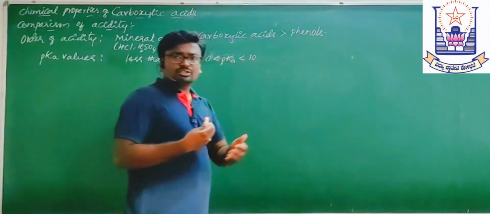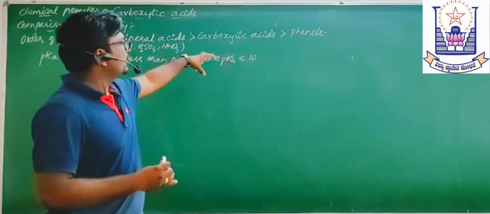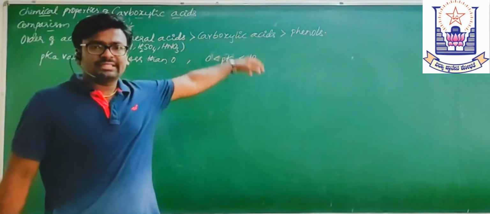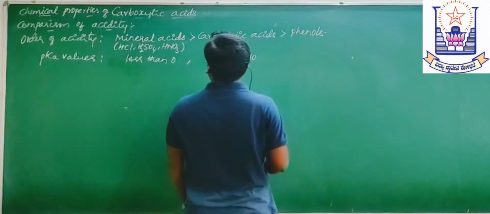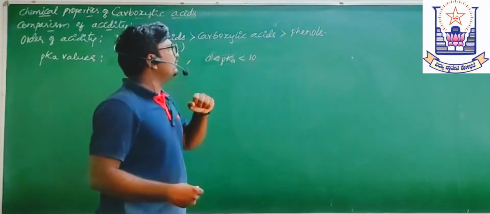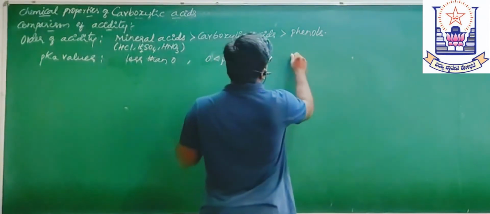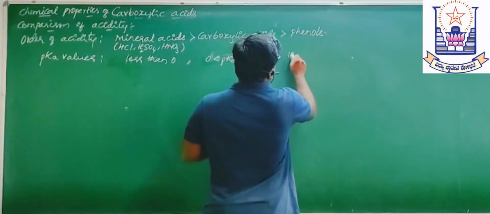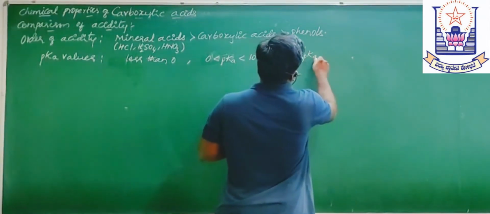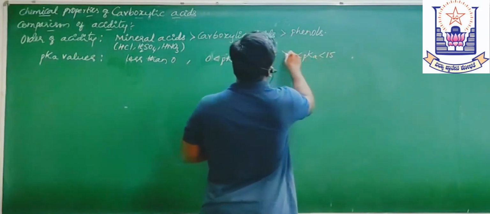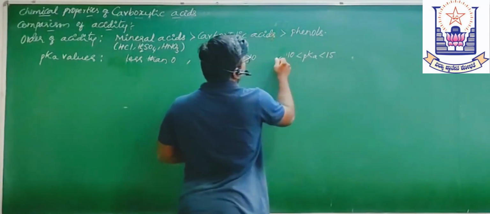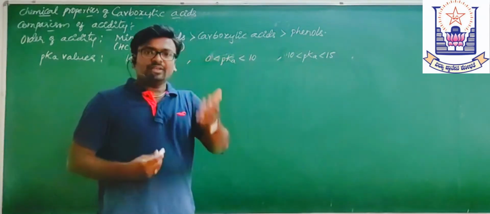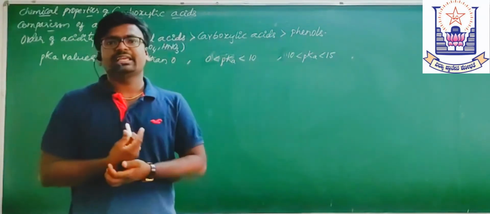Let us also discuss the reason why carboxylic acids are stronger acids than phenol. I will tell you that. Phenols have a pKa value around 10 to 15, and phenols are more acidic than water.